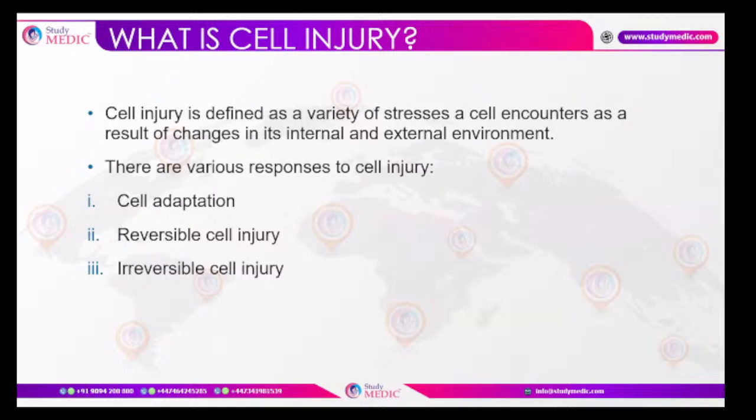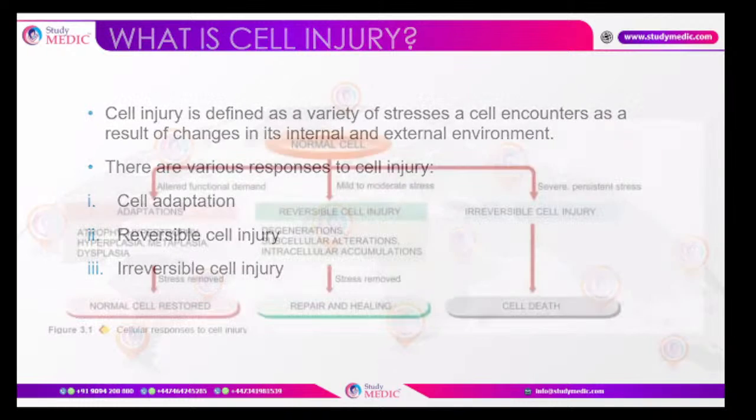It depends mainly upon the type as well as the severity of the stimulus, the adaptability of the cell, and overall the intracellular phenomenon there. But today's topic is only limited to the cellular adaptations.